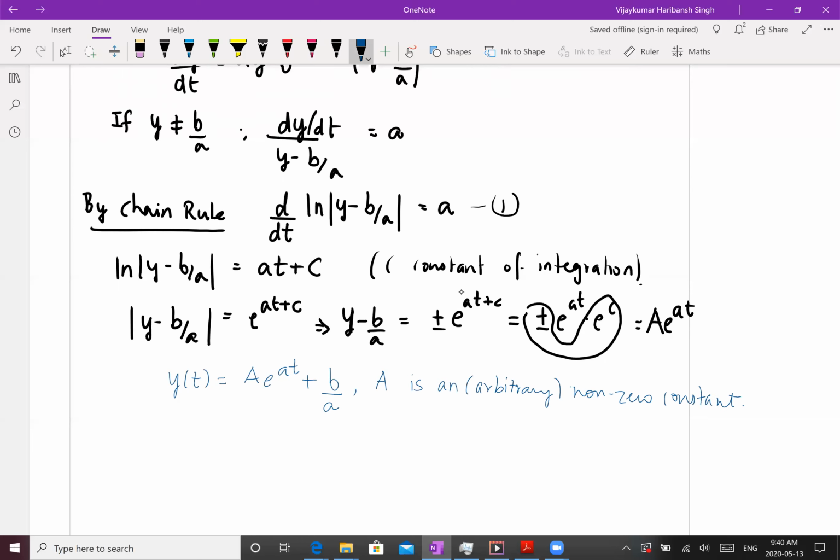And the value of A is determined by what? By the initial value, right?